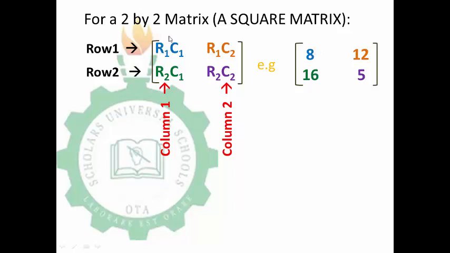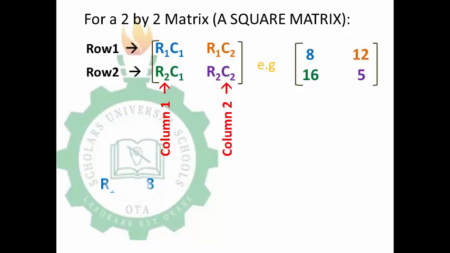This is 8 here. So it belongs to row 1, column 1. Then you have 12 belonging to row 1, column 2. That's the first row, but second column. Then you have 16 belonging to the first column, but in the second row. So second row, first column, whereas 5 belongs to the second row and the second column.